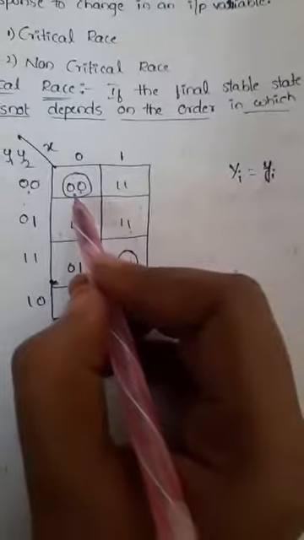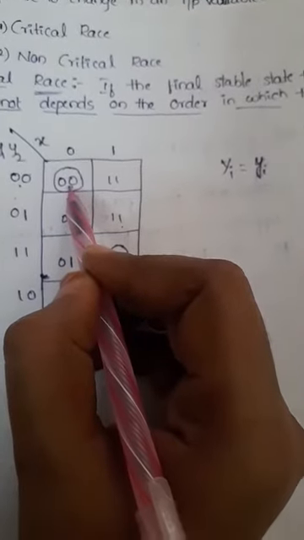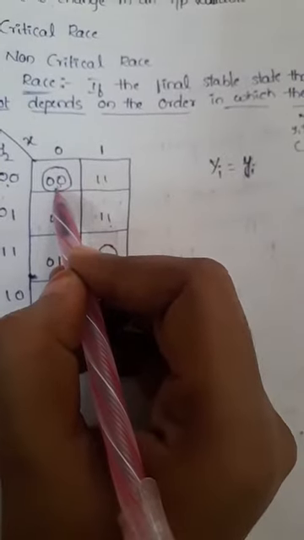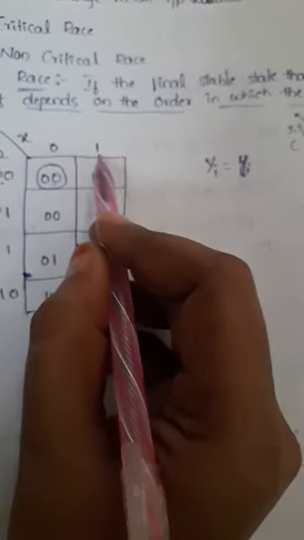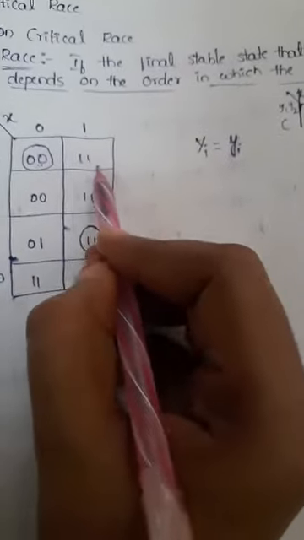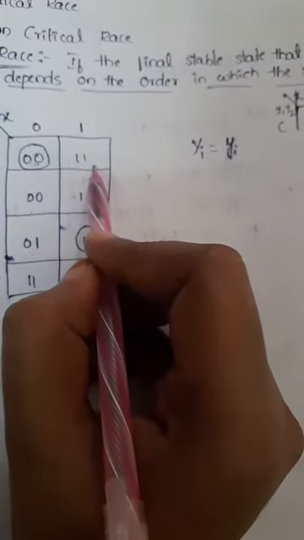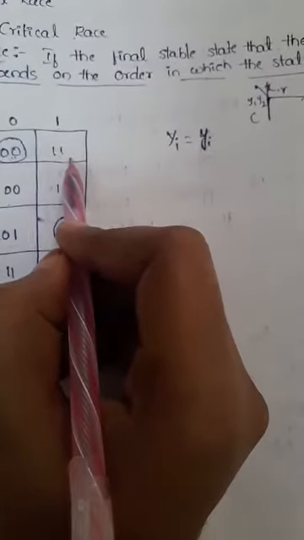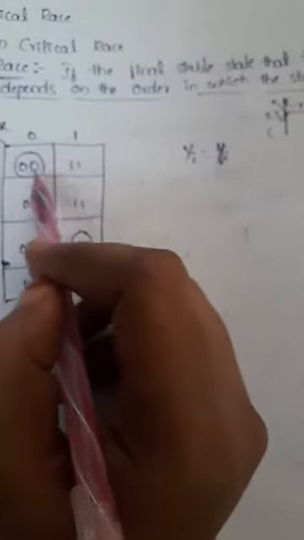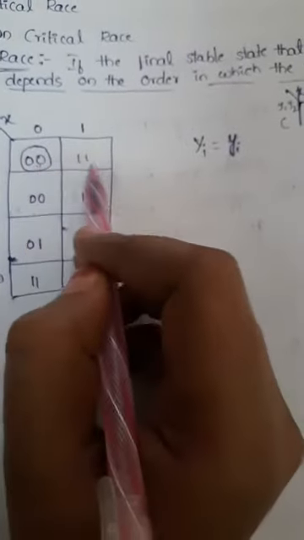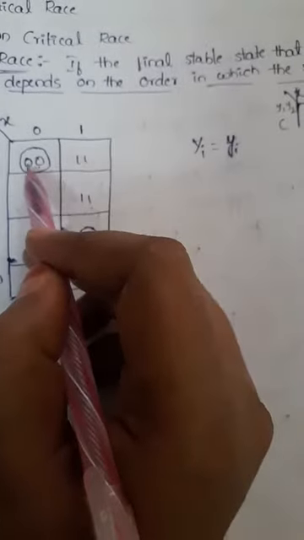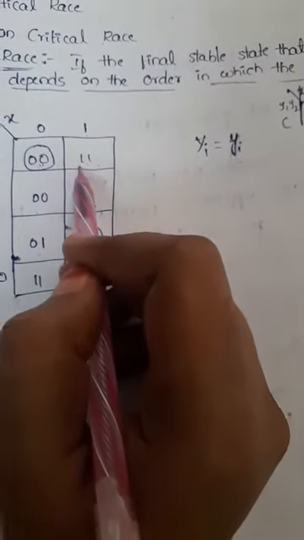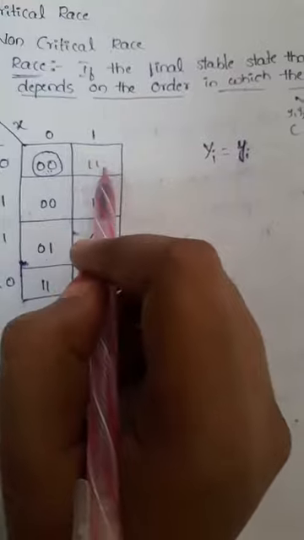So we are getting the 1 1 stage, which means 2 bits change at a time. Observe here, 0 0 to 1 1: 0 changes to 1 and 0 changes to 1, so at a time 2 bits change.